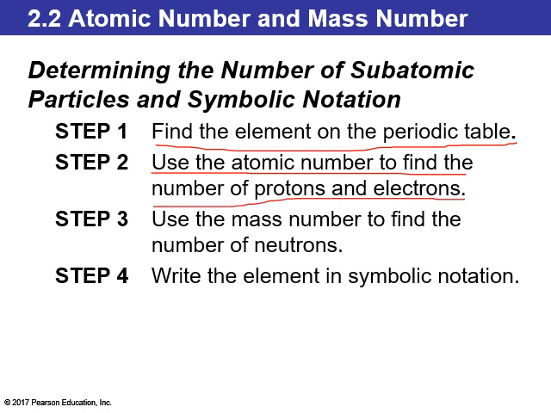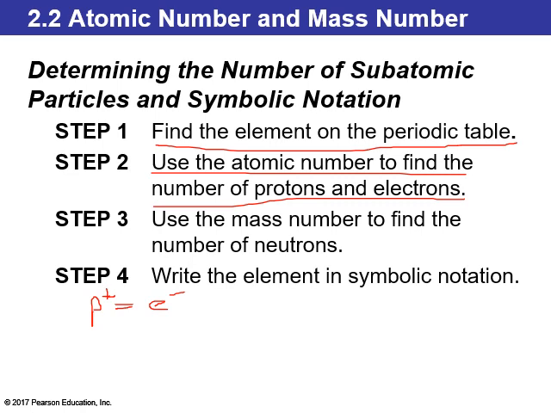Remember, the atomic number is the number of protons, and if it's in its elemental state, then the number of positively charged protons equals the number of electrons that are negatively charged. Then we can use the mass number to find the number of neutrons.